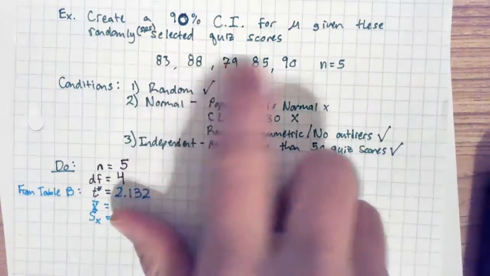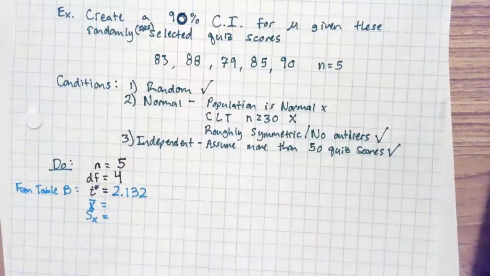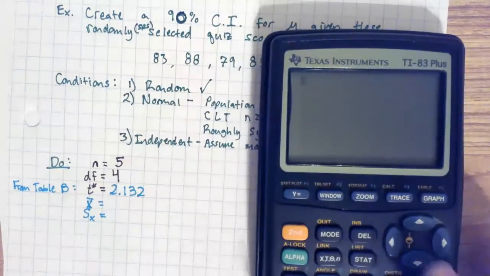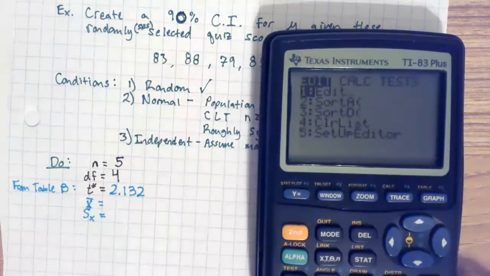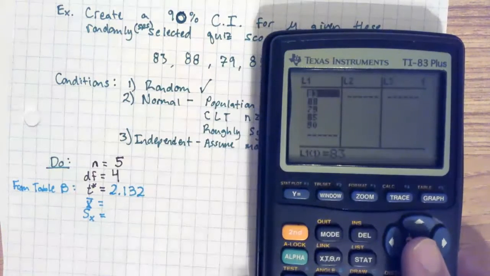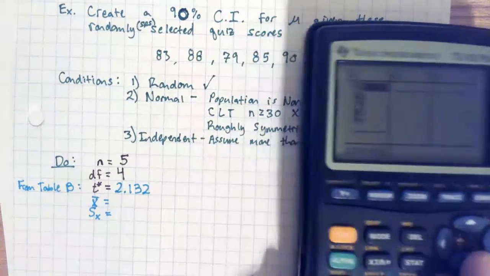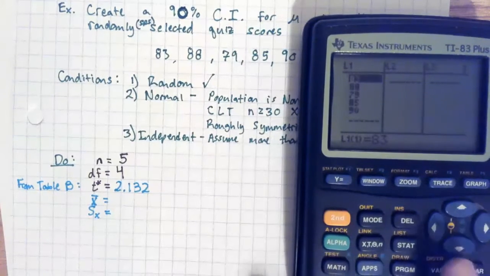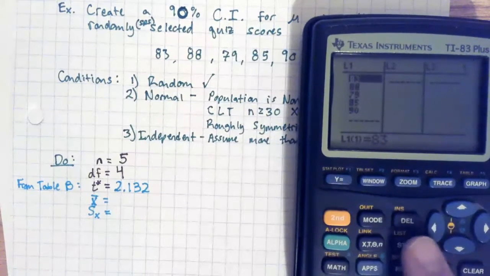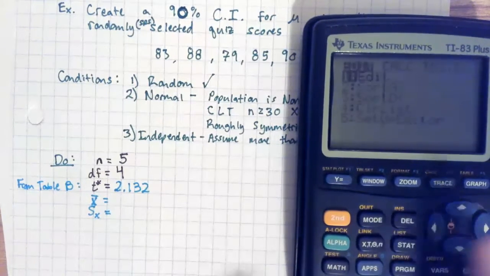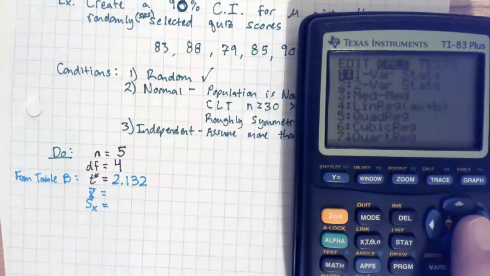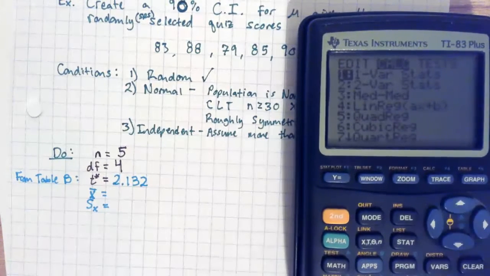So these data points, these 5 quiz scores, I would go to a calculator, hit the stat button, hit enter, and type those quiz scores into a list. So we had 83, 88, 79, 85, and 90. To get the mean and standard deviation, I'll hit stat again, go over to calculate, and we've got the one variable, just the quiz scores.